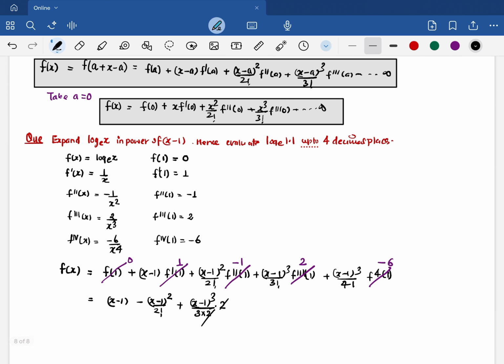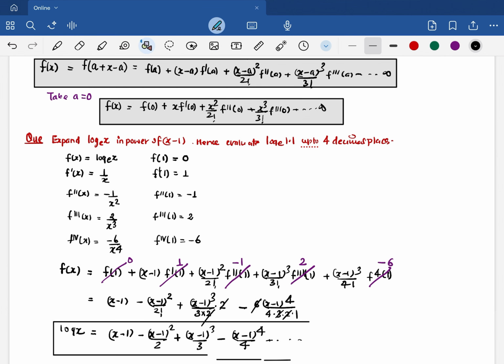Again minus of 6 (x minus 1) to the power 4 by 4 into 3 into 2 into 1, 3 and 2 will be cancelled. So what's our final answer? x minus 1 minus (x minus 1) whole square upon 2 plus (x minus 1) whole cube upon 3 minus (x minus 1) to the power 4 by 4, and so on. So this is the expansion of log x.